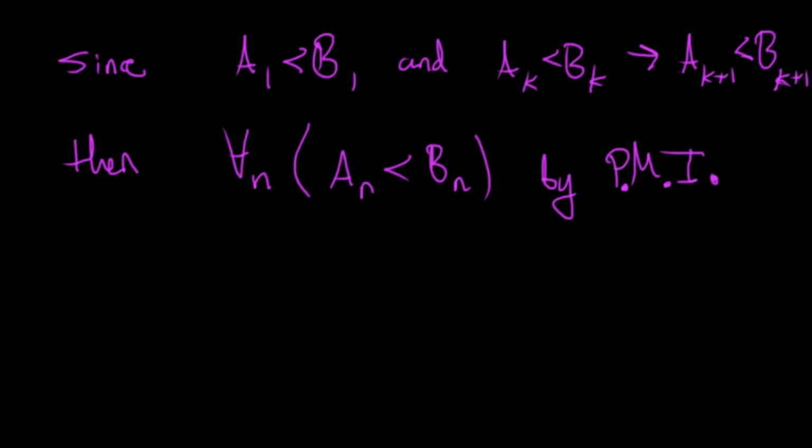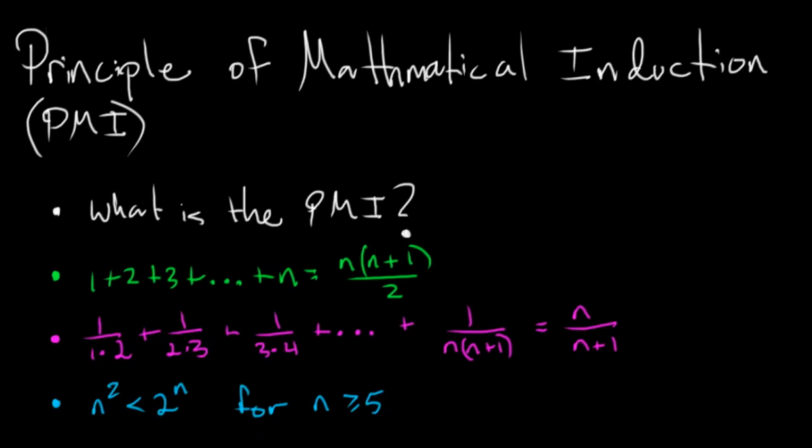That, my friends, is the principle of mathematical induction. If you can show that the base case is true and that the base case being true implies a recursive implication that the next case is true, then you're golden.